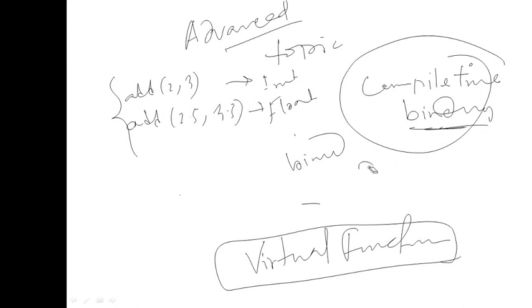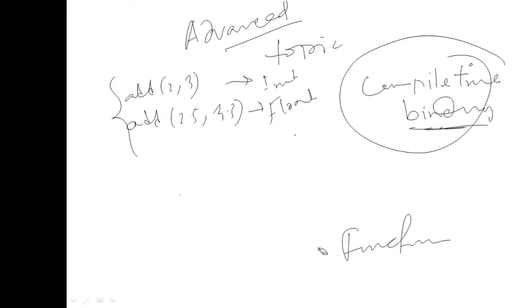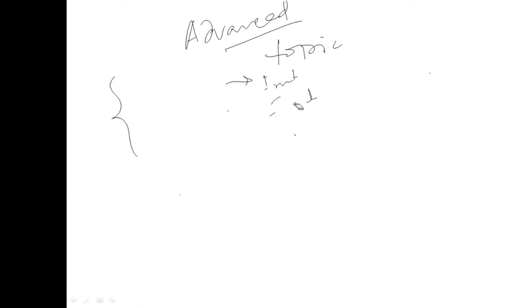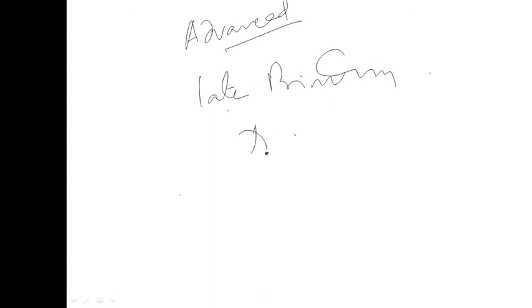In compile time polymorphism, the binding, meaning the selection of which function version, is done during compilation. In runtime polymorphism, it is not possible to select the correct version at the time of compilation. So during the execution of the program, the required version is selected. That we call late binding, or dynamic binding.